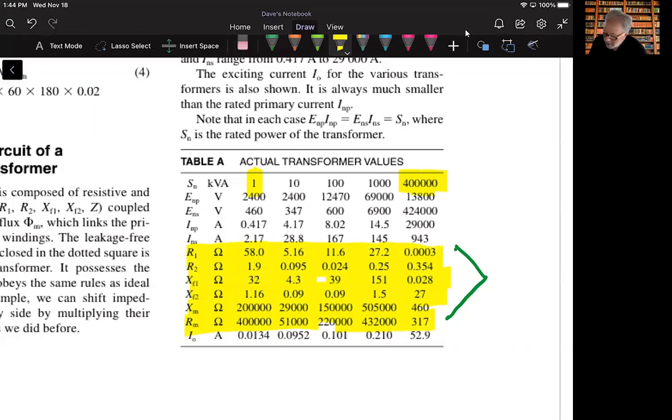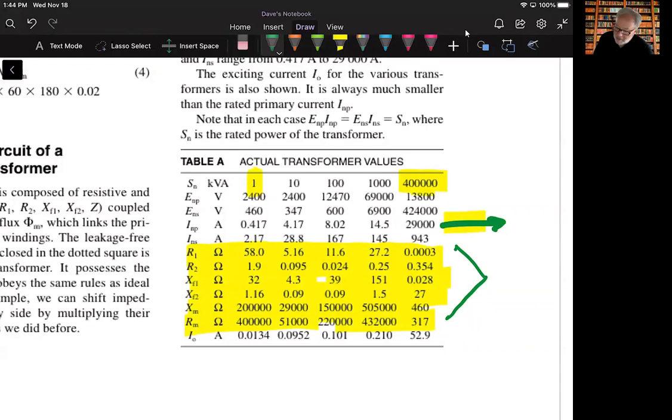Huge transformers, right? Look at these numbers, and this is real world stuff. This is what's out there in the power world.